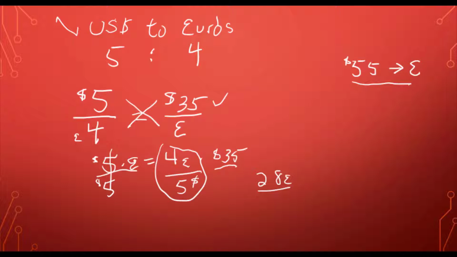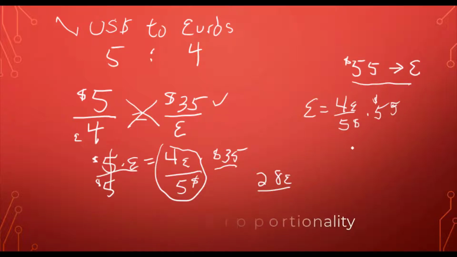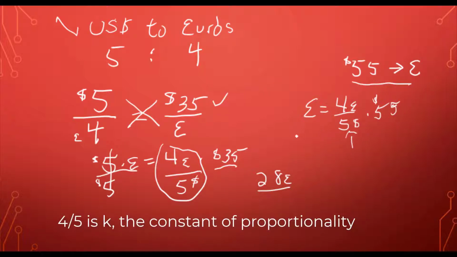So I'm just going to go down here and say, well, my euros is going to equal 4 euros over $5 times $55. This is the constant of proportionality. It's a result of cross multiplying and dividing.